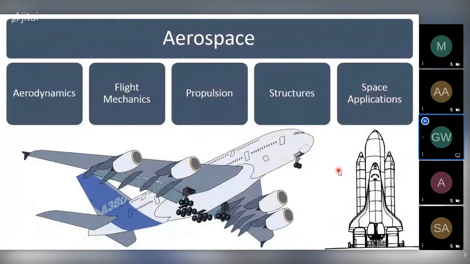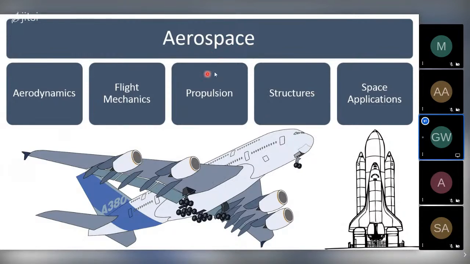Now, what does it have for the aerospace industry? For newbies, aerospace is the study of aircraft and spacecraft. The aerospace industry deals with manufacturing, designing, and research upon aerospace vehicles, that is, spacecraft such as rockets and aircraft such as airplanes and helicopters, etc.